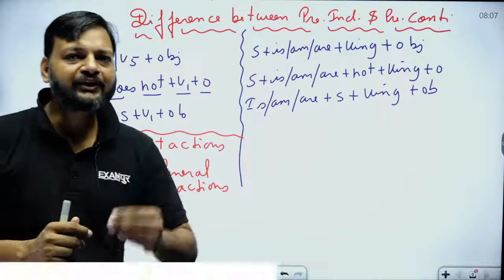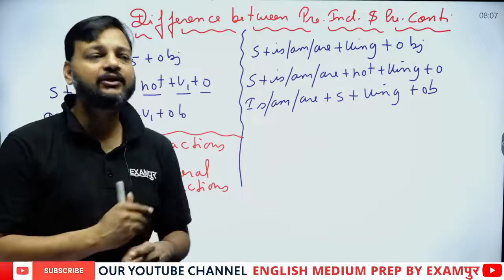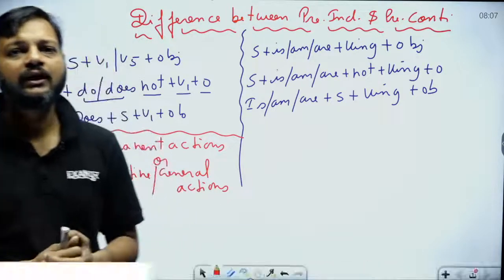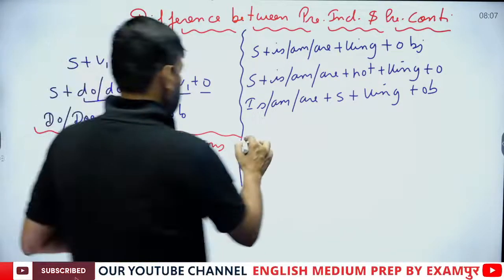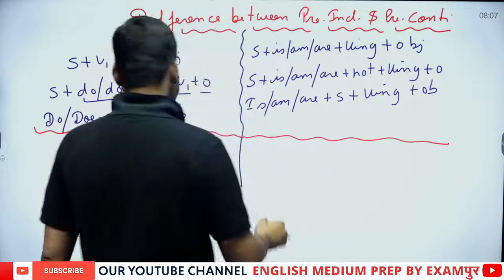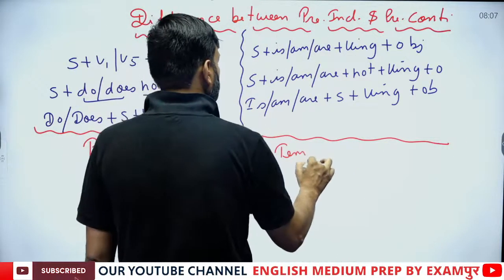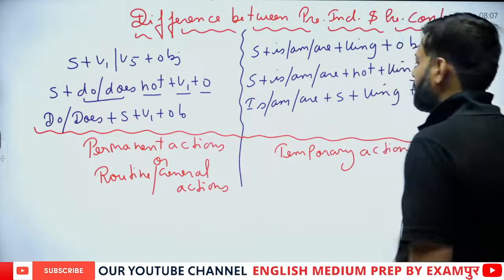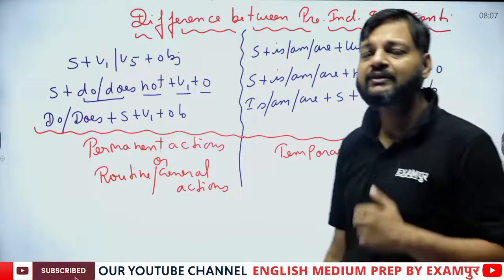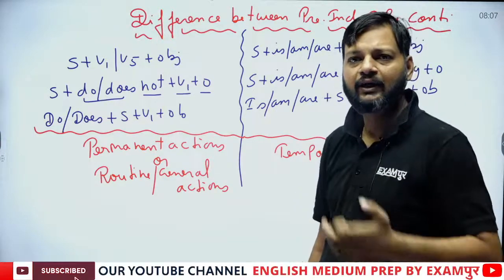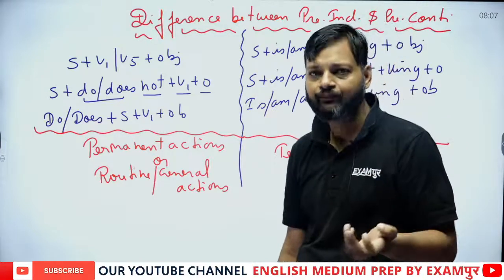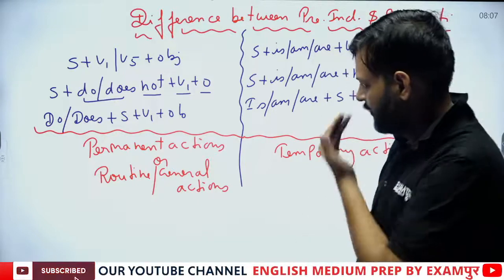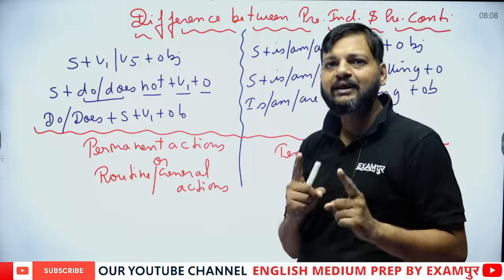But if the action is not routine, if the action is not in a general way, if the action is not permanent, present indefinite cannot be used, right? And if we talk about present continuous, it is used for temporary actions. If an action is happening temporarily, okay, it is not regular, it is not routine, then it will be in present continuous tense.